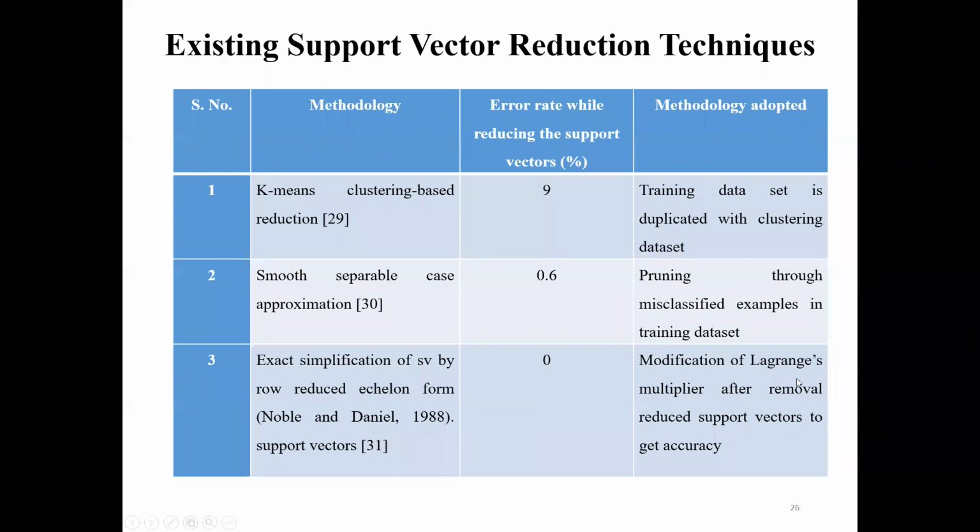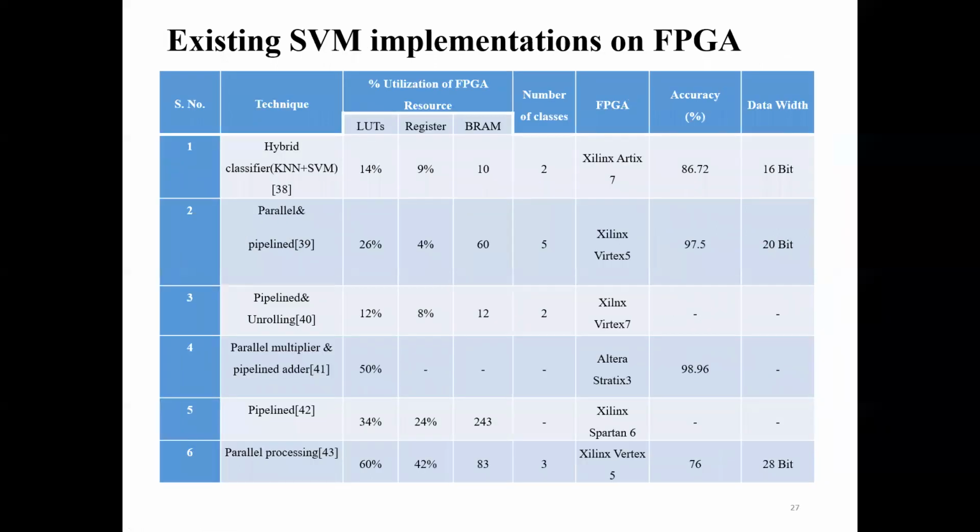The methodology they adopted is modification of the Lagrange multiplier after removal of reduced support vectors to get accuracy. And there are a good number of support vector implementations on FPGA, and the techniques used are given. A hybrid classifier like k nearest neighbor is combined with the support vector machine.